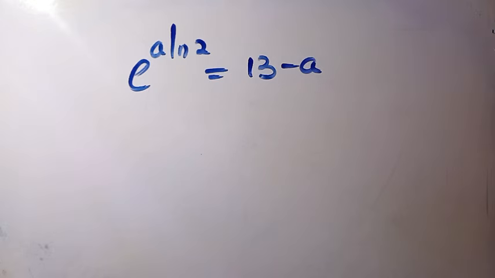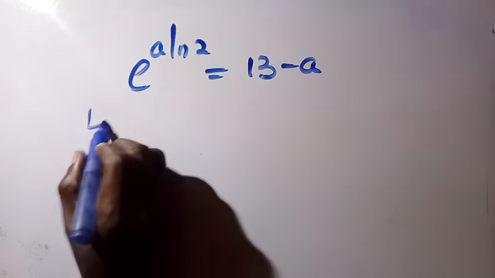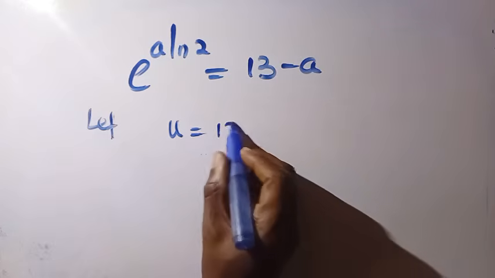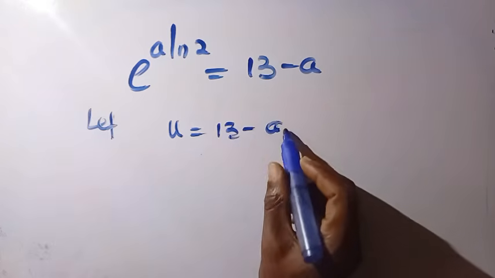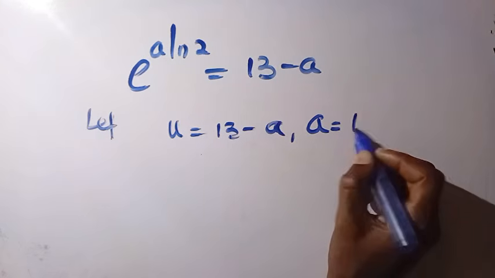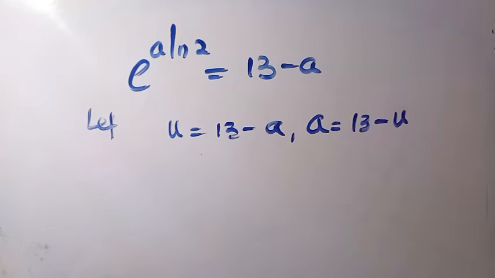I'll be applying some manipulation here. Since we have e^(a ln 2) = 13 - a, to make it easy, let u = 13 - a, so this shows that a = 13 - u.